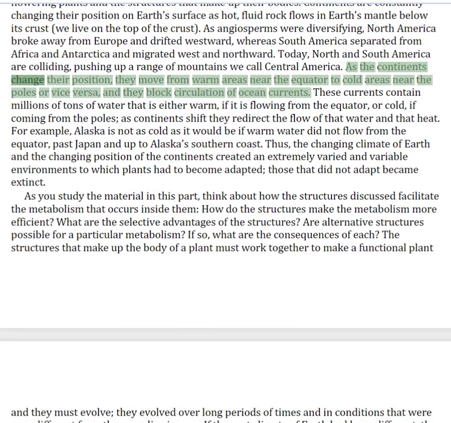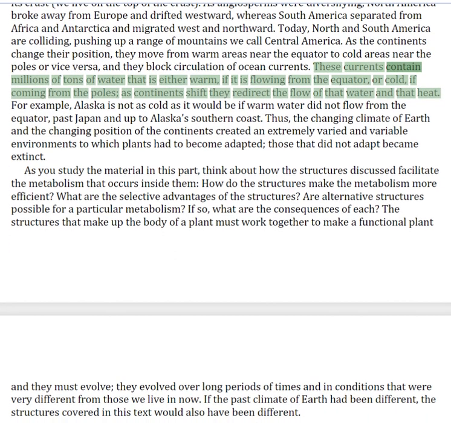As the continents change their position, they move from warm areas near the equator to cold areas near the poles or vice versa, and they block circulation of ocean currents. These currents contain millions of tons of water that is either warm if it is flowing from the equator, or cold if coming from the poles. As continents shift, they redirect the flow of that water and that heat.